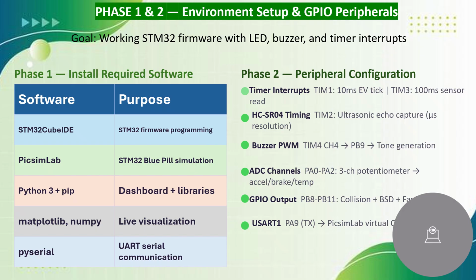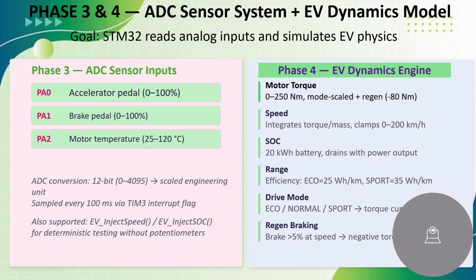At the last, USART1, that's Proteus virtual terminal that helps us connect the serial command. In our phase number 3 and 4, in 3 the ADC sensor system plus in 4 the EV dynamic models, the goal is STM32 reads the analog inputs and simulates the EV physics.